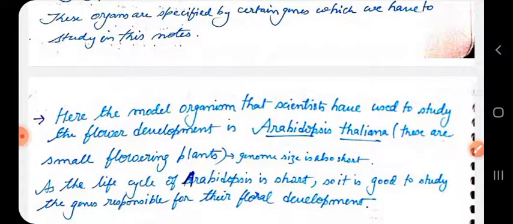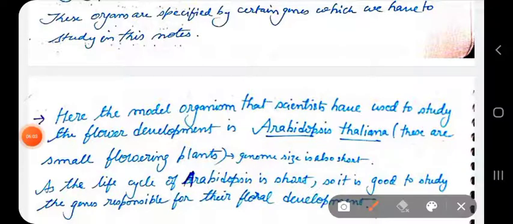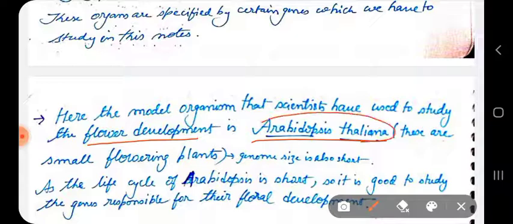Here we are not looking at all flowers. We have to take a model organism for flower development, and the most common organism for studying it is Arabidopsis thaliana. Generally, for animal study we use Drosophila, the fruit fly. For flower development we use Arabidopsis thaliana.